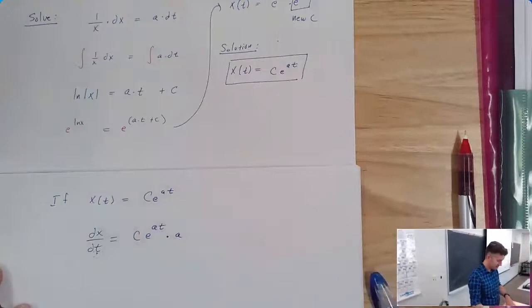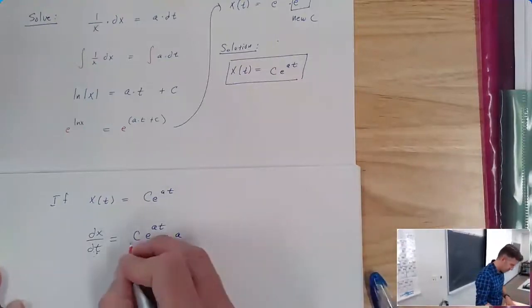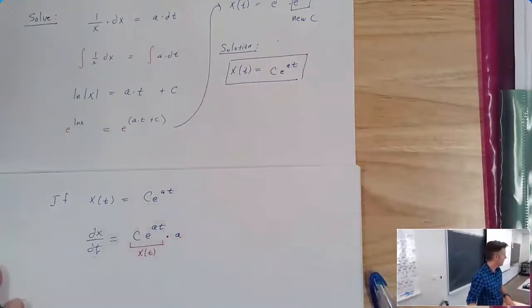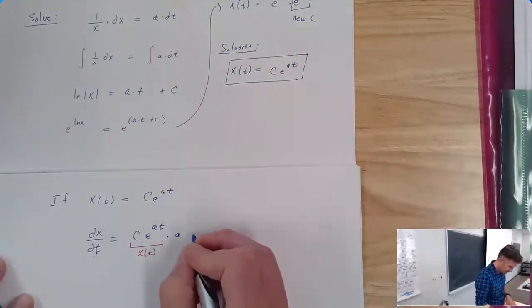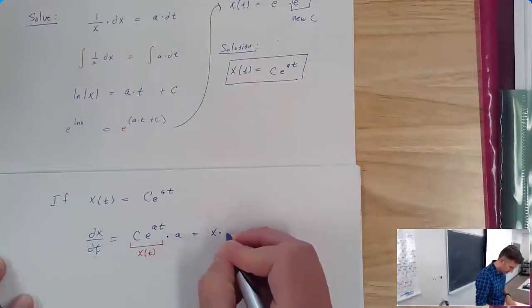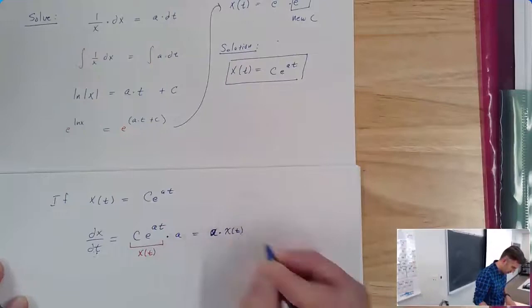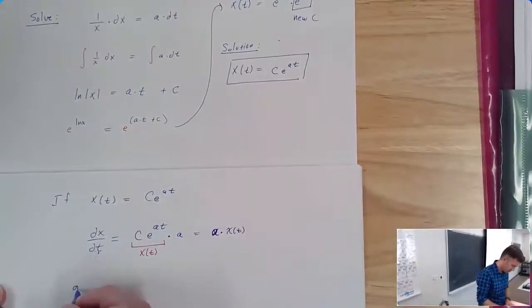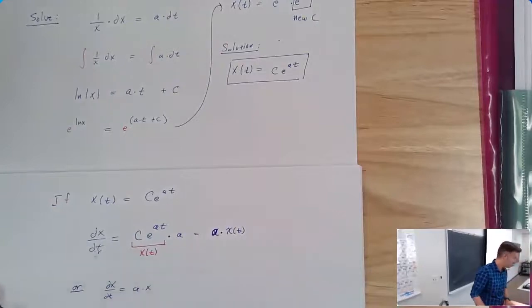But look, that's exactly my function, x of t, times a. So this really is a times x, or dx dt equals a times x.